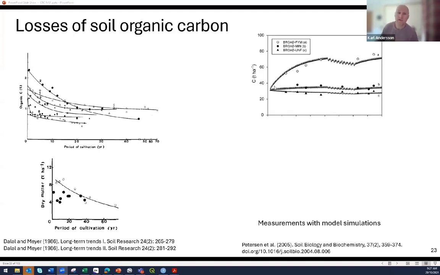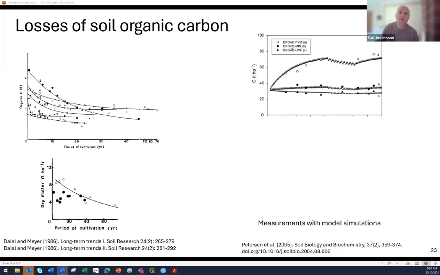This long-term data is from overseas. We don't have lots of long-term data in Australia, but this pattern is reliable and comparable to us as well. In this system, we've got some mineral fertilizers in the circle, unfertilized in the triangle, and these systems are just going along.